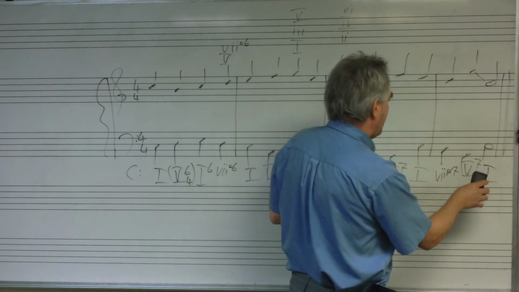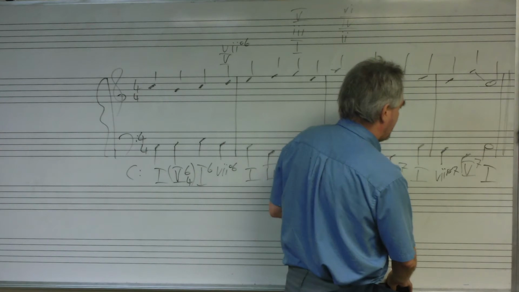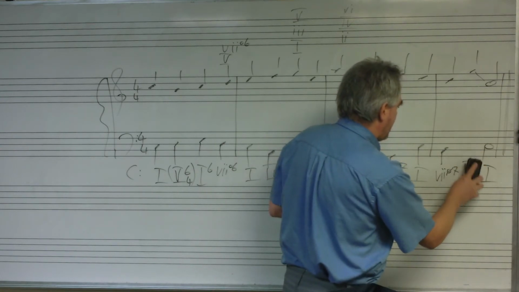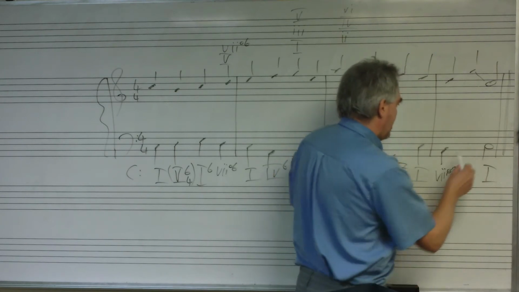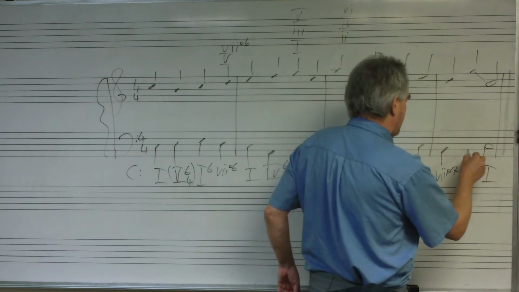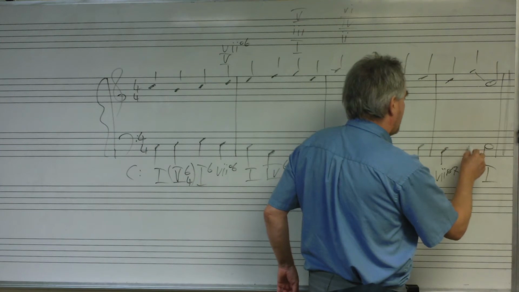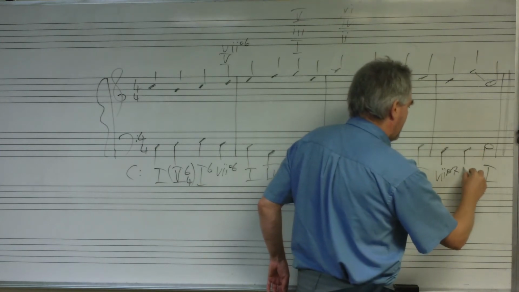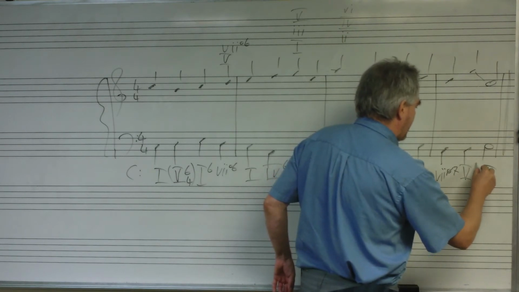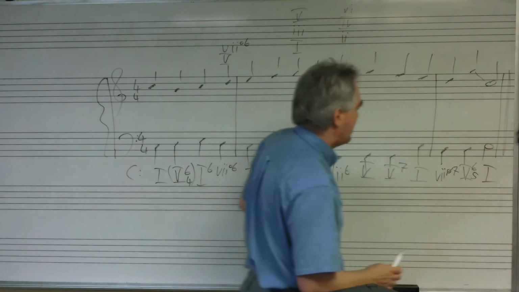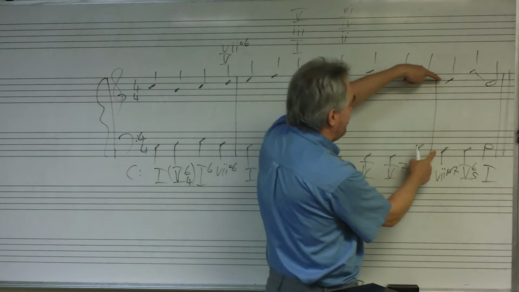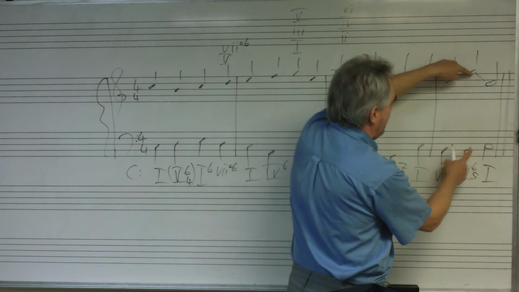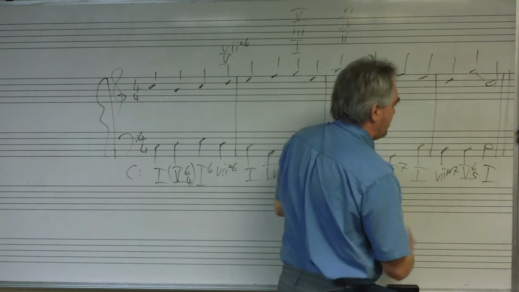So we may want to change this, perhaps keep B here and have 5, 6, 5. So then we have 3rd, we have 6th, and we have an octave.